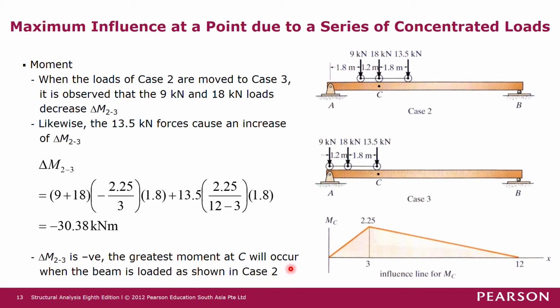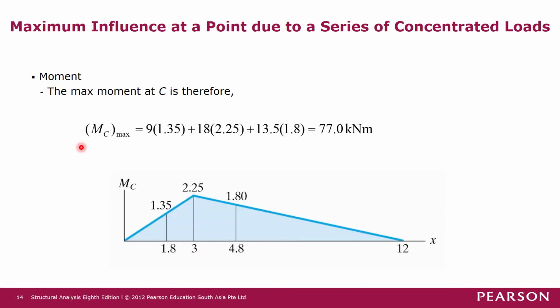Because from case 1 to case 2 there's an increase in moment, and then from case 2 to case 3 there's a decrease in moment. So the maximum moment at point C is given by the load arrangement in case 2.